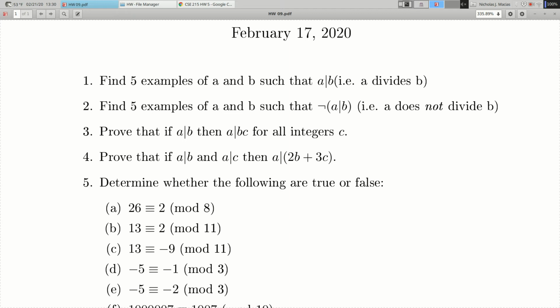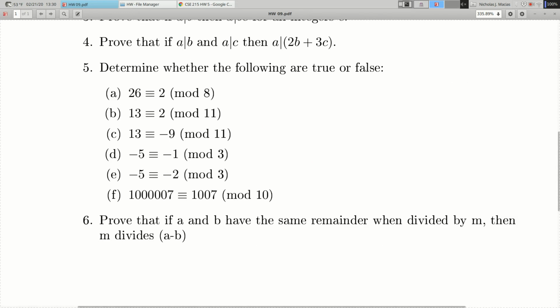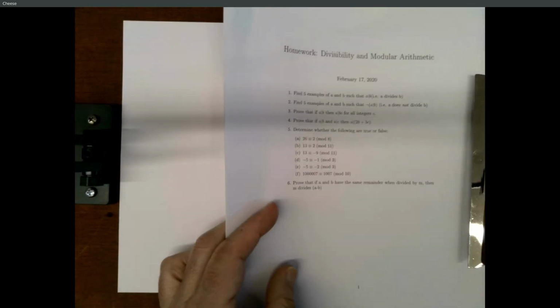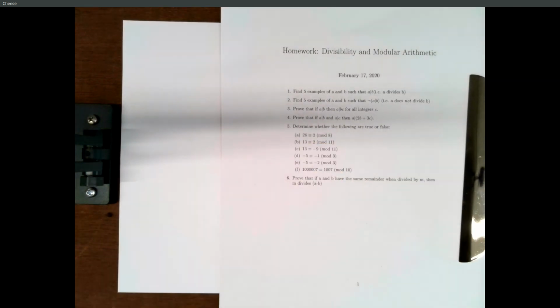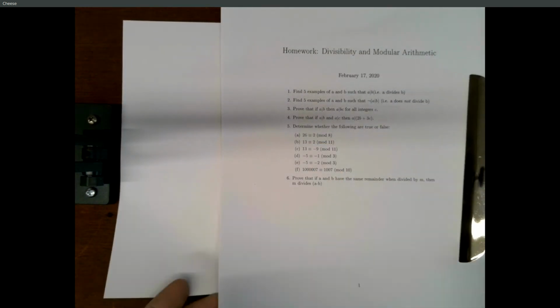I don't have to go through examples for the first two, right? I think people are square on that. And the proofs, I think everybody got those. So let's talk about question 5. You may not have gotten to this yet, but that's okay. This is looking at modular equivalences. So determine whether these are true or false. First one says 26 is congruent to 2 mod 8.